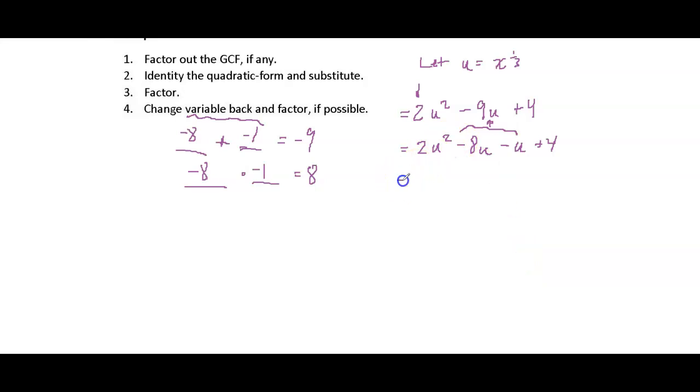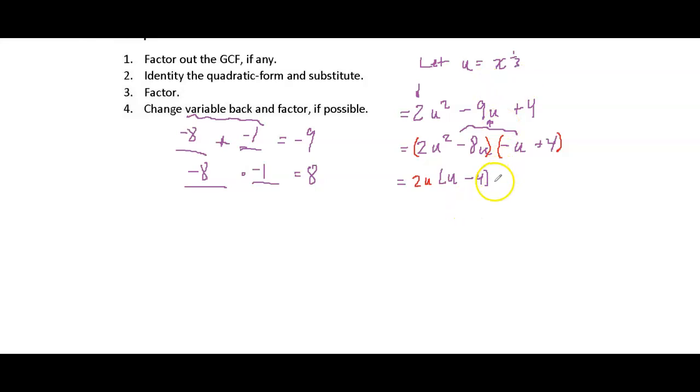We continue by using factor by grouping, checking to see what's going to factor out of the first two terms and out of the second two terms. Well, we could factor out a 2u from the first two terms, and that would leave us with u minus 4.